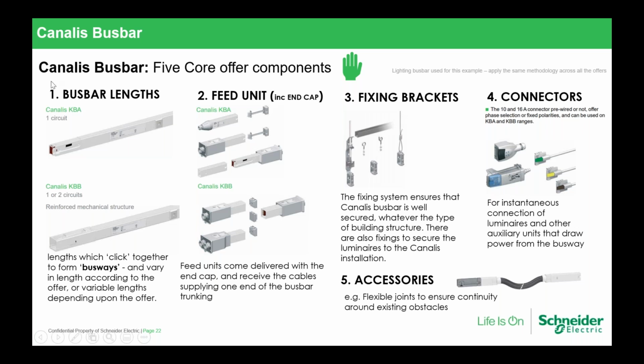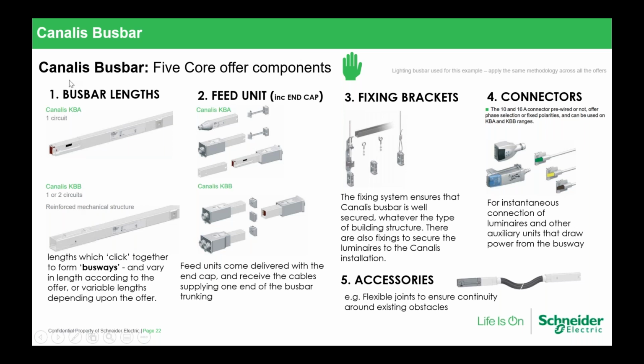Here are the 5 components. First, you need to know how much Busbar length you need. Here is an example of the lighting Busbar. I will touch on this later in the slides, but it's very important to know the length of the Busbar based on the project and application.